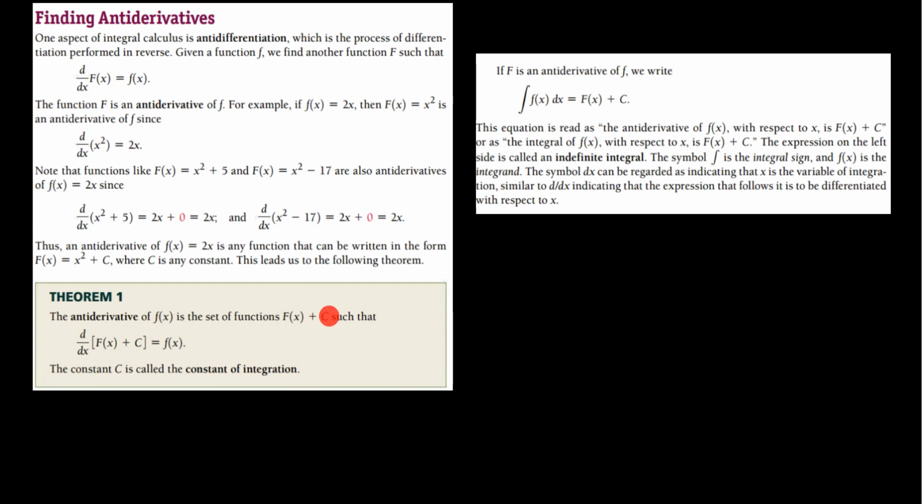Now, this plus c, I remember taking calculus, and I remember all my classmates. I'm telling you, every single one of us would always forget the c. And I bet many of you might also forget to put the c whenever you take the antiderivative, or the integral of a function.